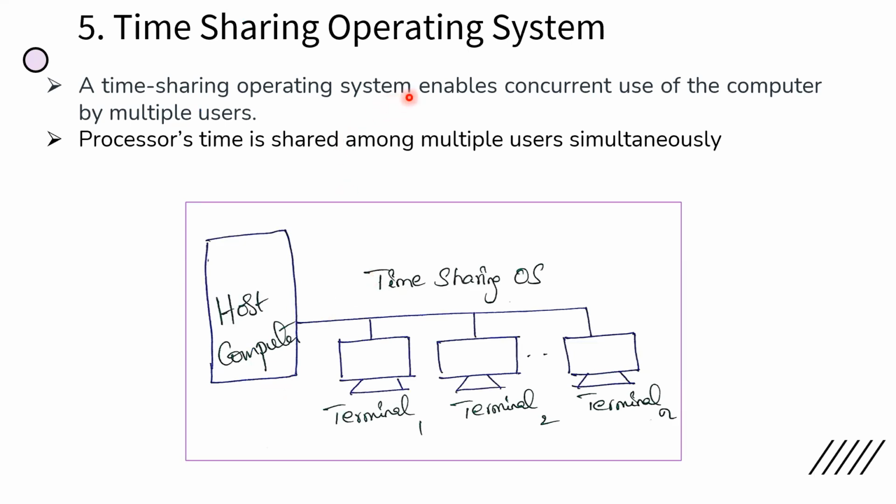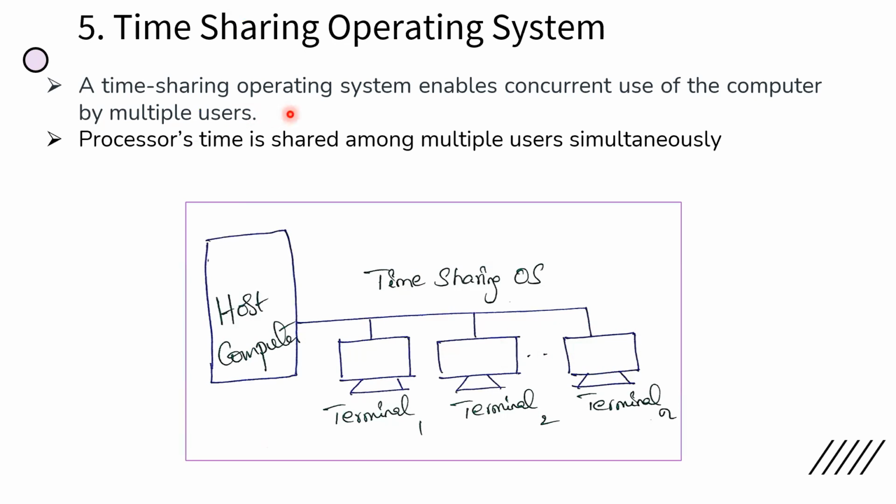So in the case of time-sharing operating systems, there will be one host computer and different terminals which have relatively lesser computational capability, and they use the services or computations from the host computer. This kind of operating system is called a time-sharing operating system. That means the CPU of the host computer is switched between different terminals in order to serve their requests.